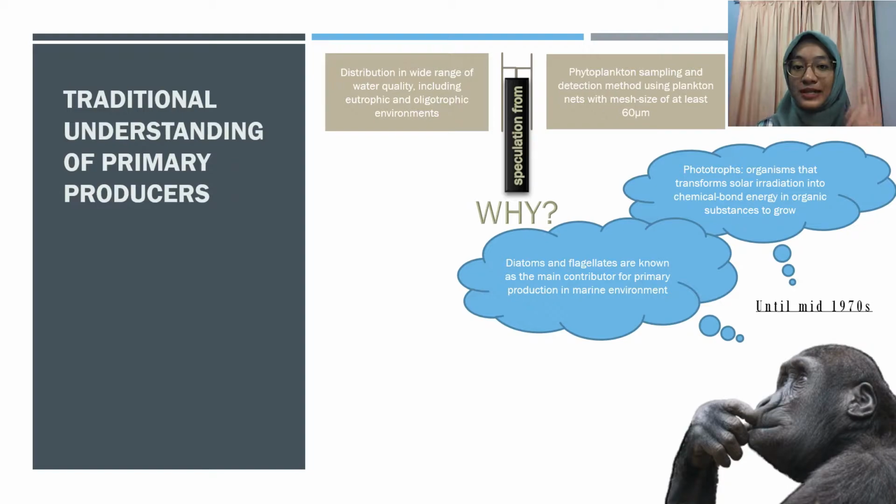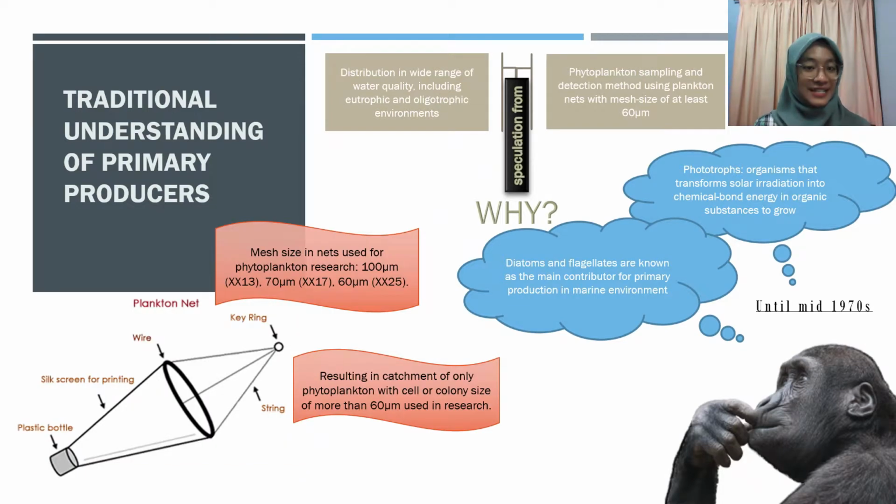The first one is because diatoms and flagellates are widely distributed in wide range of water quality, including eutrophic and oligotrophic environments. Second one is because of the phytoplankton sampling and detection method using plankton net with mesh size of at least 3 micrometer. So this is a plankton net, or at least the basic things that a plankton net should have.